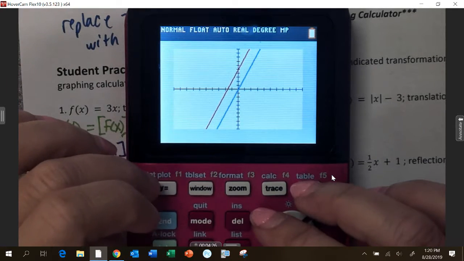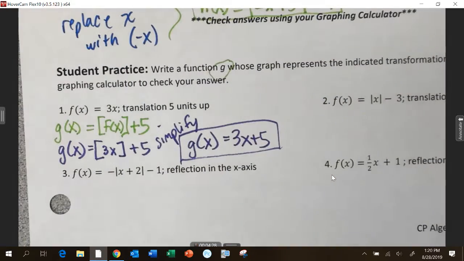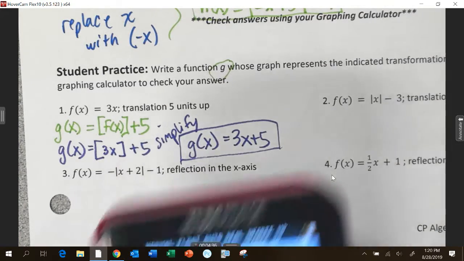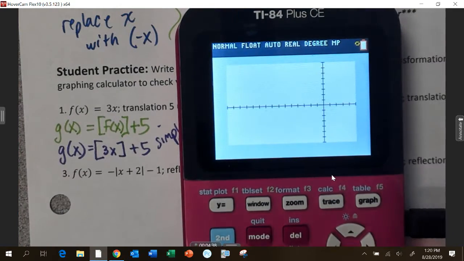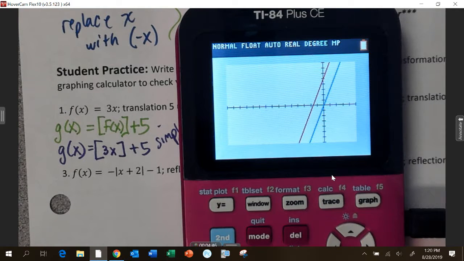So let's say that I'll change something really fast. I'm not showing you what I'm changing. Okay, so maybe you have a picture that does not look all nice and centered. There is a very easy fix to make your picture always look centered the way mine did. So let's all do this together.